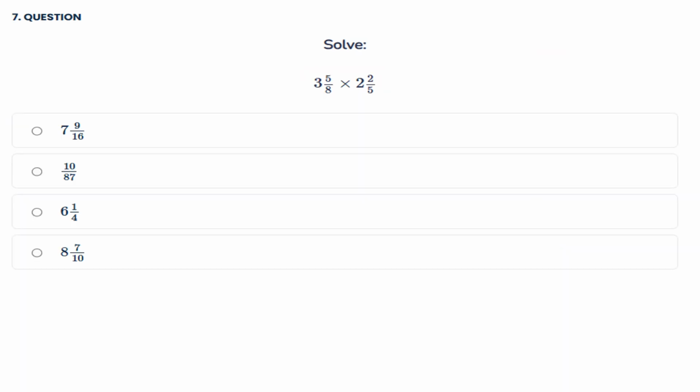Question number 7 is asking us to multiply two mixed numbers. So the first thing we need to do is turn our mixed numbers into improper fractions. To do that, as we did in previous questions, we're going to start with this number here. We're going to take that whole number, which is 3, and multiply that times the denominator.